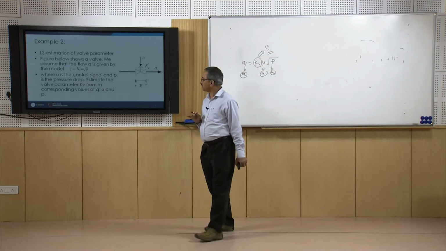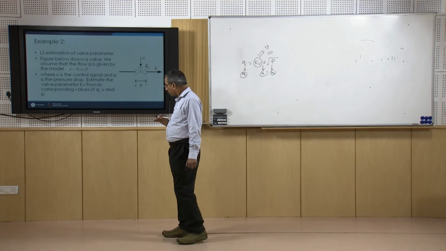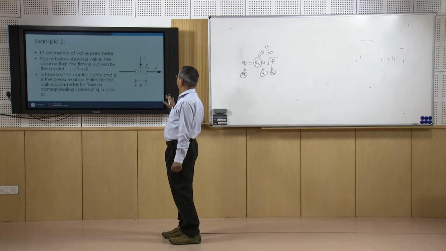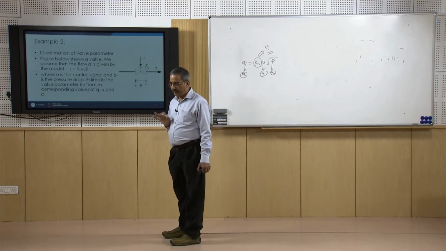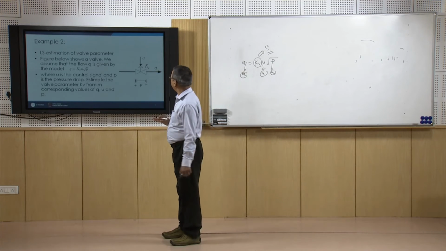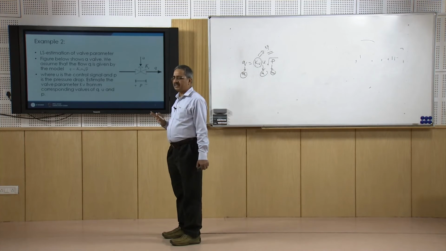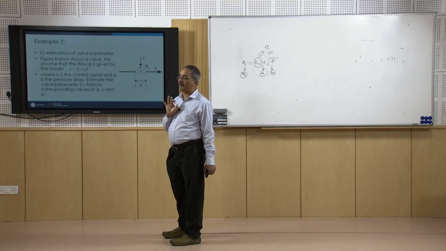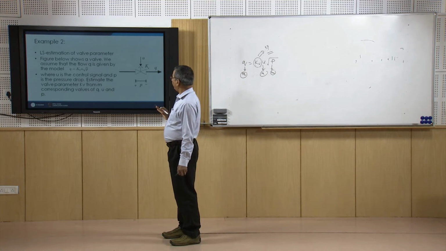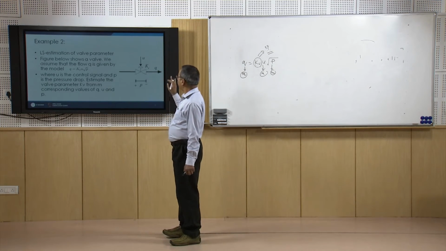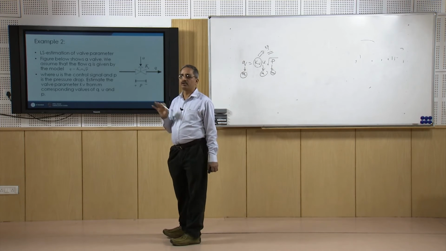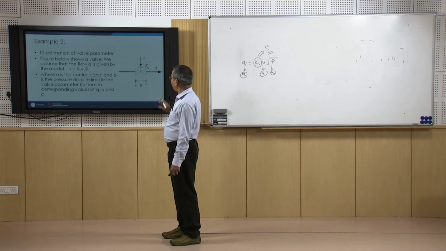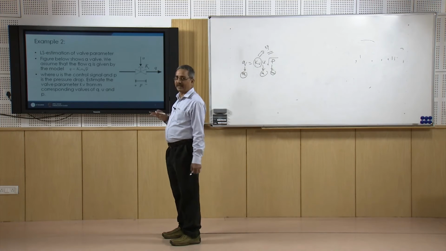This is my problem statement for this example. It is a very real practical problem, to find these valve parameters, which are usually unknown, and they are determined only in this way, the way which I am just going to explain to you.